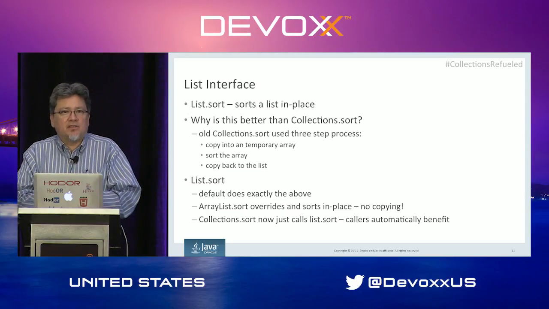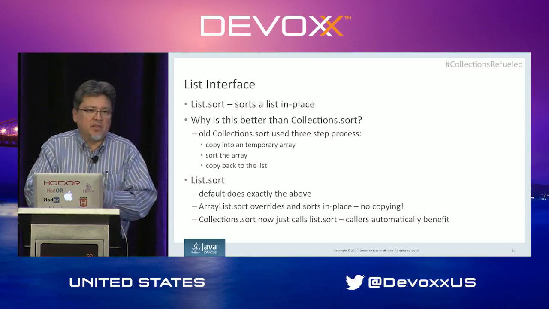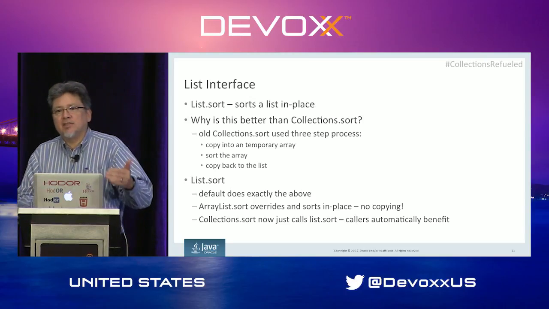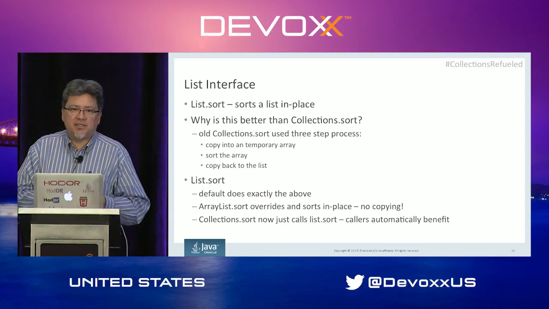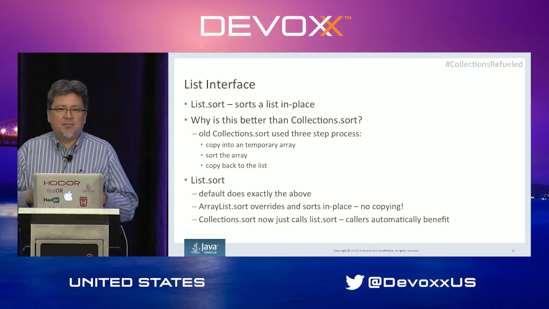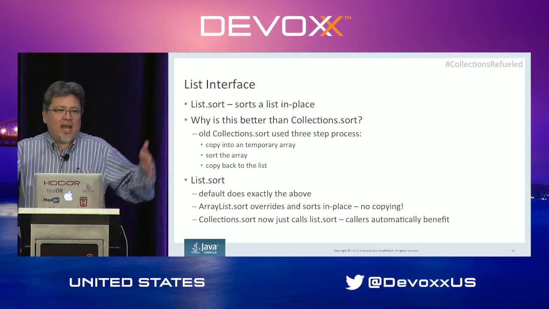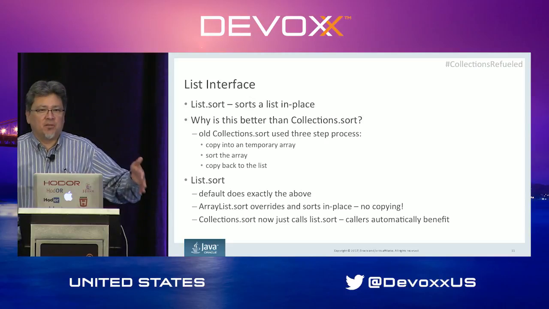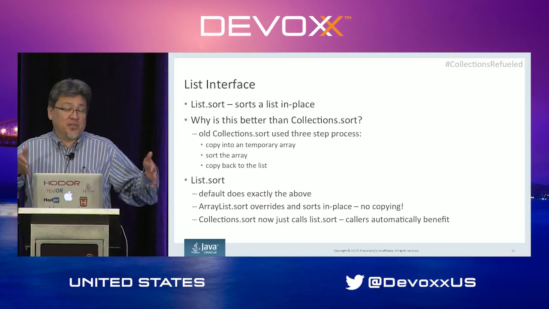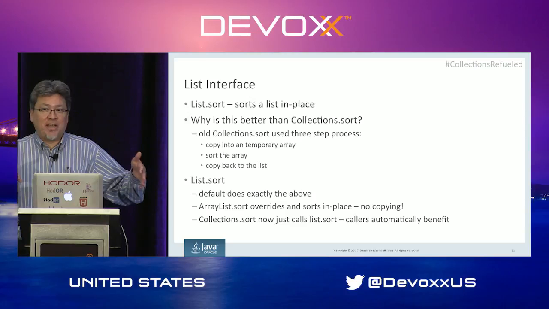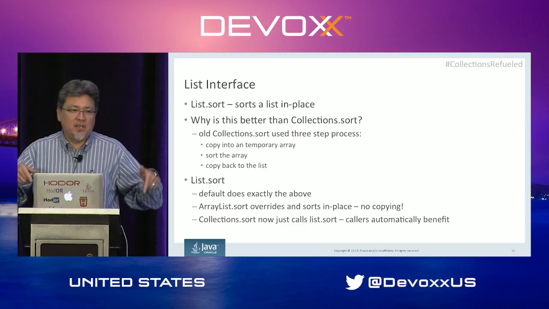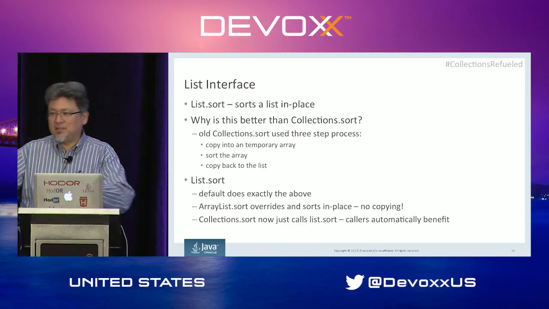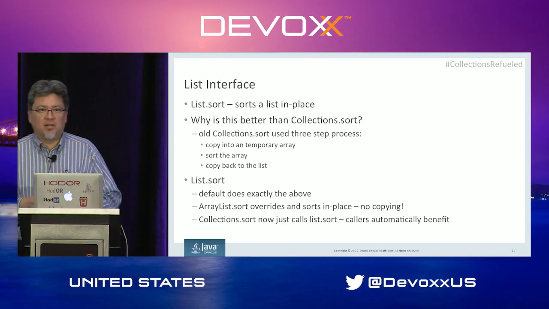However, ArrayList.sort, ArrayList being the most commonly used collection, overrides the default implementation and says, hey, I am an ArrayList. I know I have all my elements stored in an internal array. I'll just sort them in place. In fact, there's something called Arrays.sort. So all it does is turn around and call Arrays.sort on its internal array.